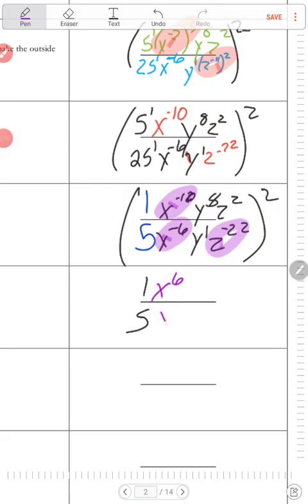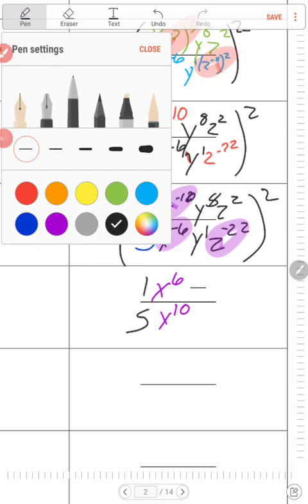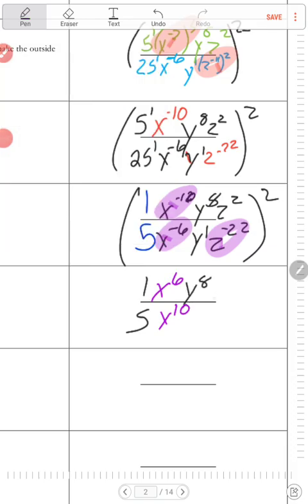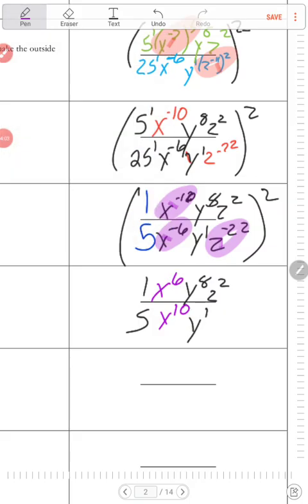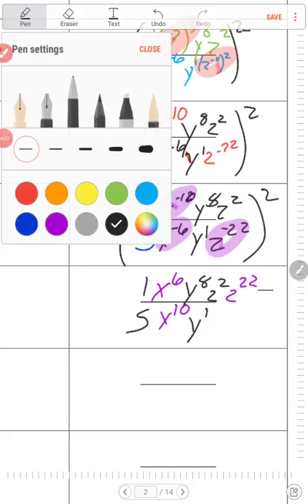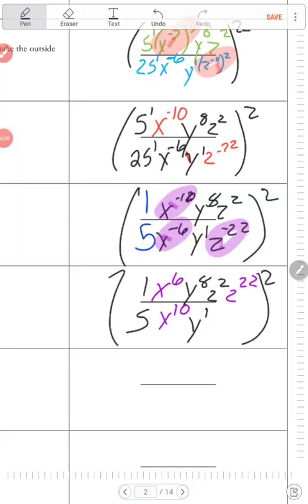So x to the 6th moves to the top, x to the 10th moves to the bottom. y to the 8th, z squared, y to the first, and z to the 22nd. All of that, once again, still inside those parentheses. We have not gotten rid of that yet.